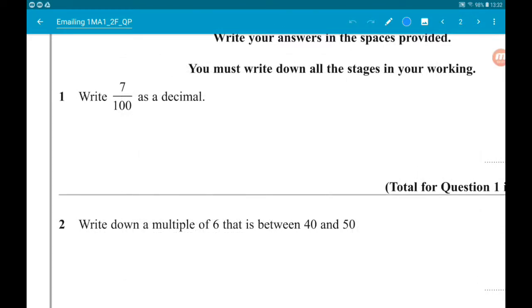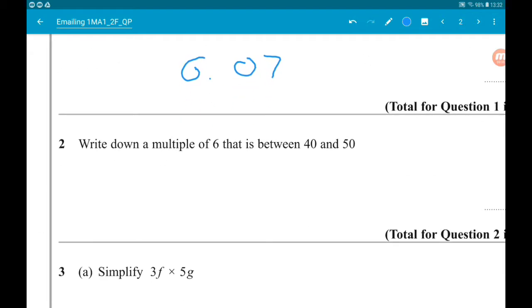Okay, number 1. It says to write 7/100 as a decimal. Stick it in your calculator, press equals, press the S-D button. James Bond would love it because it's 0.07. Number 2.